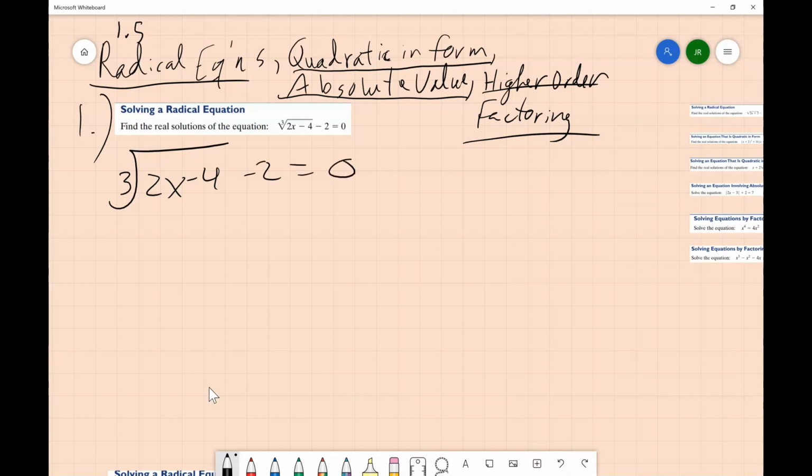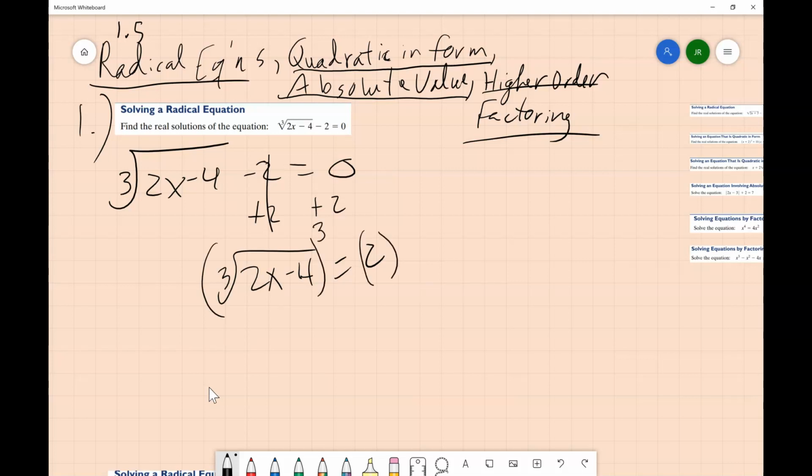All right, we're trying to get x by itself, so we're trying to get rid of anything on the left side that's with the x. So the first thing I would do is get rid of that minus 2 by adding 2 to both sides. And then the next thing I need to get rid of is this cube root radical right here. I get rid of it by using the opposite, a cubed exponent.